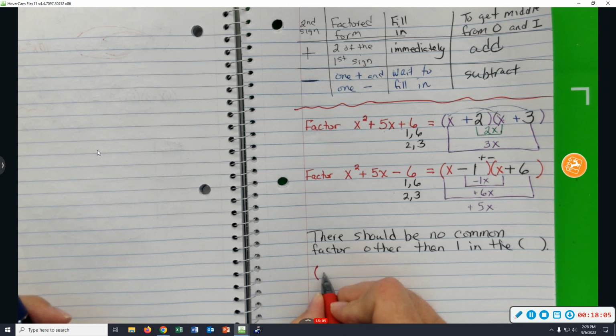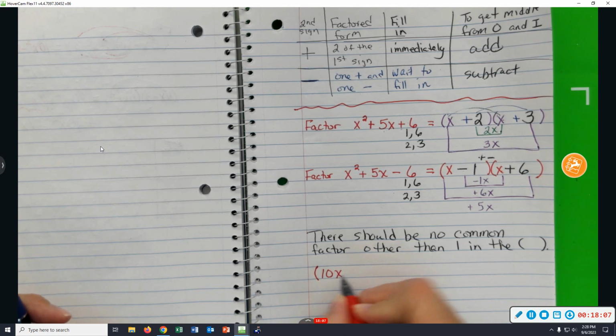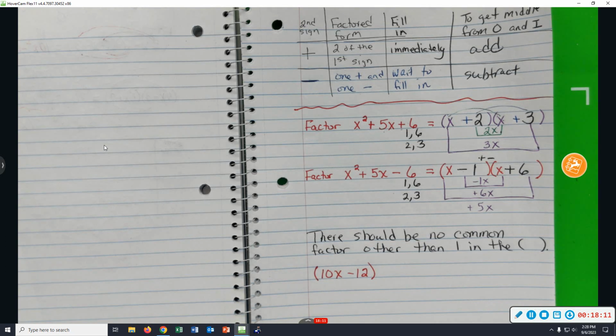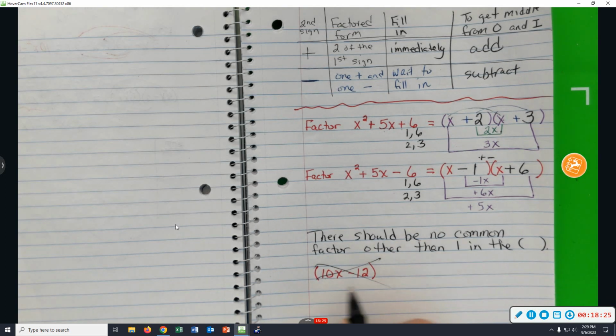If you had something like this, 10x minus 12, could that ever be part of your answer? Well, is there some number other than 1 that divides into both of these? 2? Can't be right. You don't even need to check it. In fact, what about any 2 even numbers? Could you have 2 even numbers in the parentheses? No, because they'd be divisible by 2.